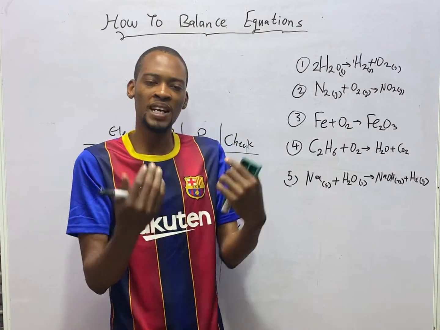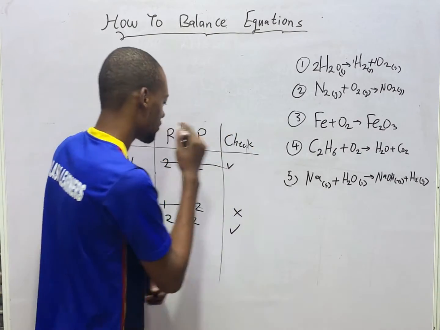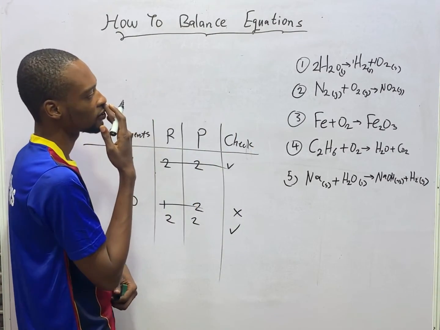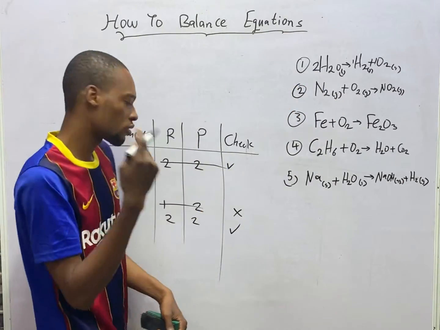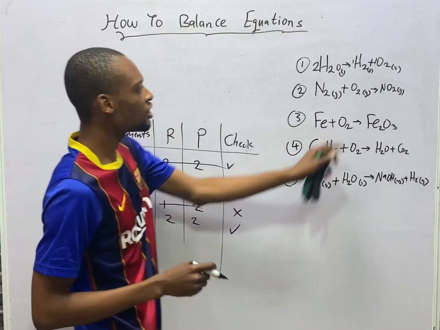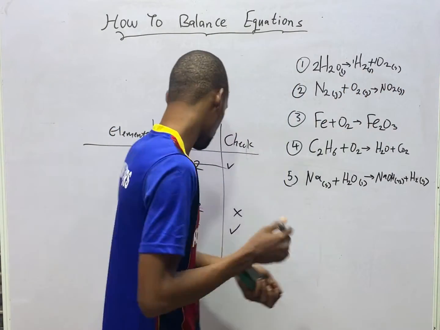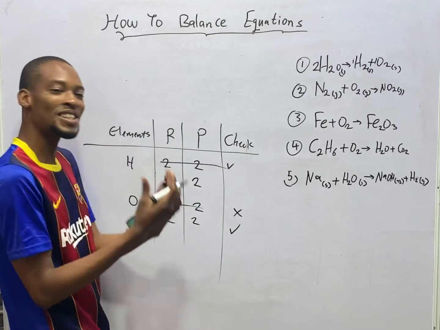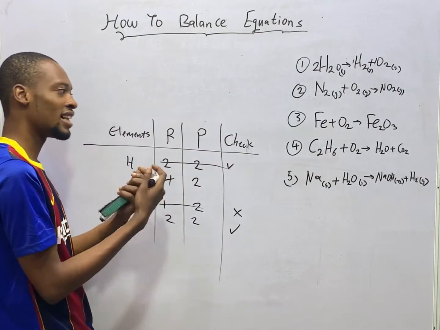So let us see if hydrogen is balanced. Now we forget about this. In the reactant, hydrogen is now how many? 2 times 2, 4. In the product, hydrogen is how many now? 2. So is hydrogen now balanced? No, because the number you added has not affected hydrogen.